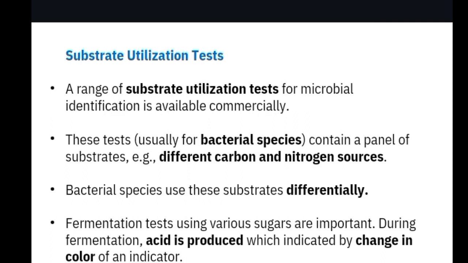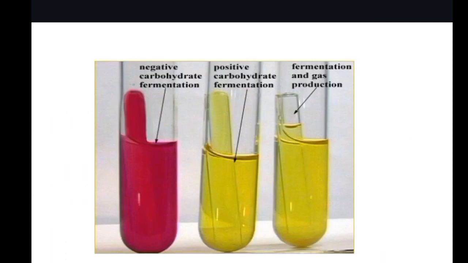During fermentation, acid is produced, which is indicated by a change in color of an indicator. Here you can see negative carbohydrate fermentation, which is red, and positive carbohydrate fermentation, which is yellow, and fermentation with gas production, which is also positive, with a somewhat light yellow color.